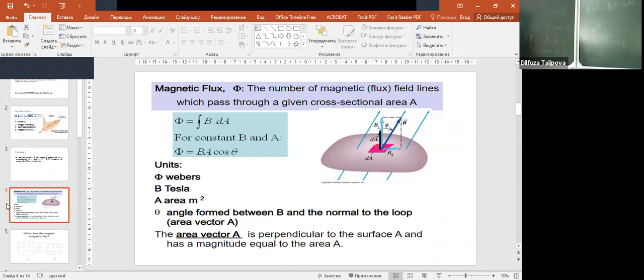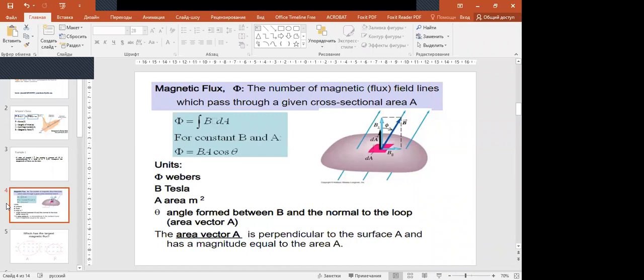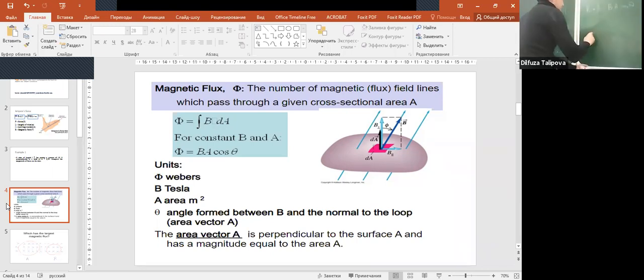But if the surface, let's say this one's surface, and here the small piece of area is dA, and the magnetic field lines are parallel to the surface. If they are parallel to each other, it means that here theta is 0, right?